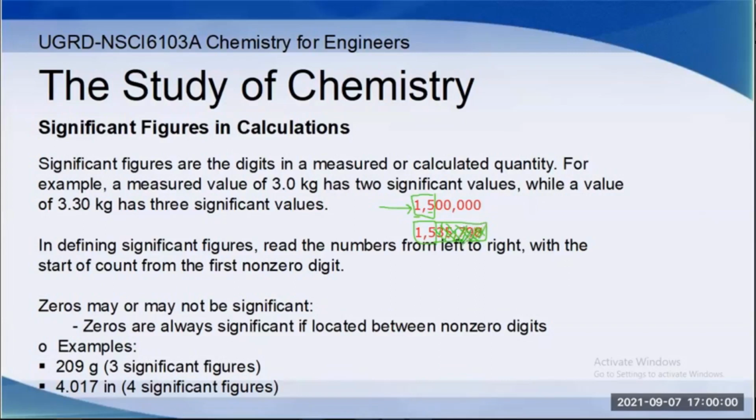So the premise of significant numbers is you're identifying the place values that are important in your measurements.